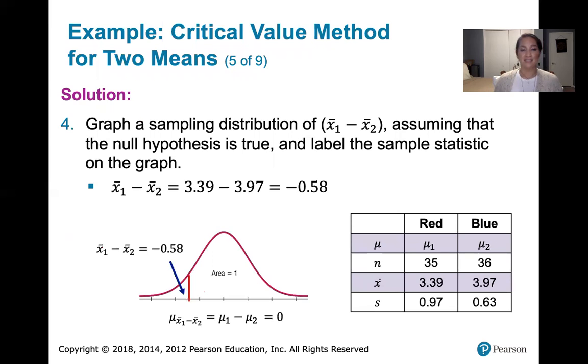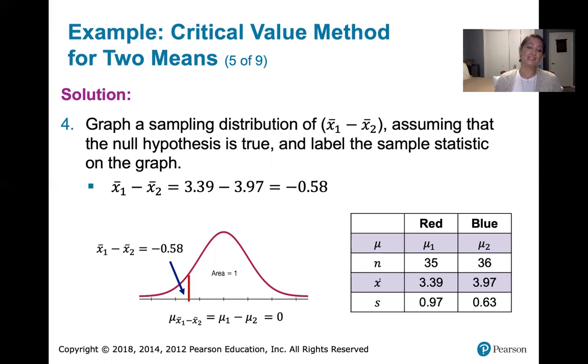Now, when we're testing a hypothesis, we're assuming that mu sub 1 and mu sub 2 are equal to each other, which means that the mean of this distribution is equal to 0. And then we're saying to ourselves, if that mean is equal to 0, so if mu sub 1 and mu sub 2 are actually equal to each other, so it doesn't matter whether there's red in the background or blue in the background, the creativity means would be exactly the same.